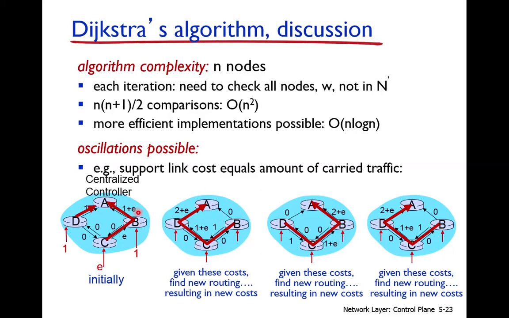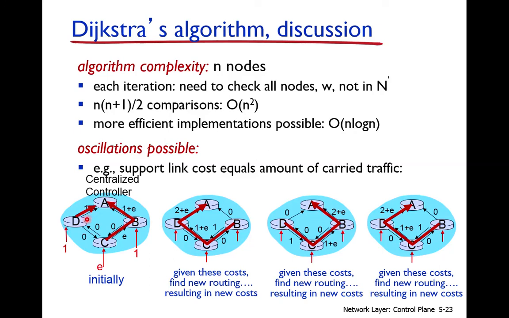Why? Because in a centralized controller the control plane is on a single machine, and that centralized controller computes the path for B, C and D. So in this centralized controller this oscillation problem will not happen, because the controller decides the path for B and C and D. So if it decides the path for B, this one, for C, this one, and if it decides to move the traffic on this one, it knows that the D traffic is already moving on this link.